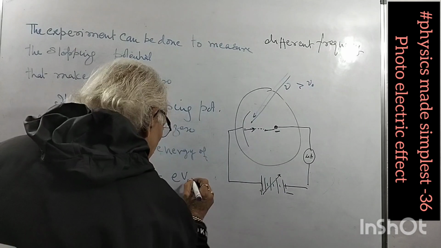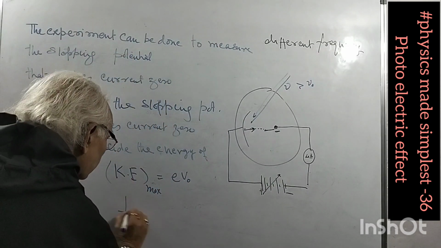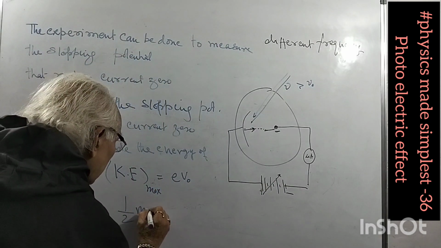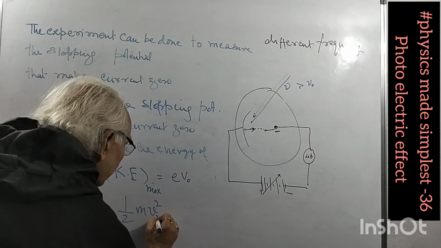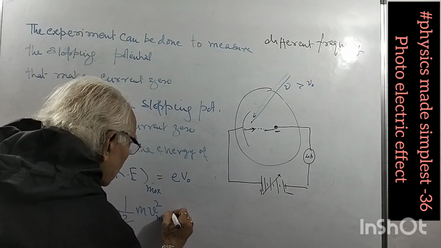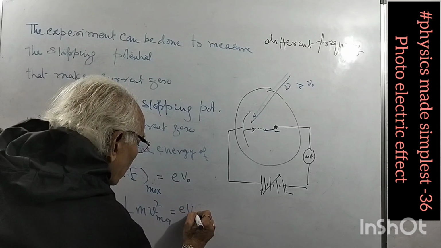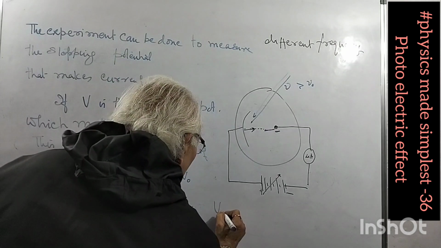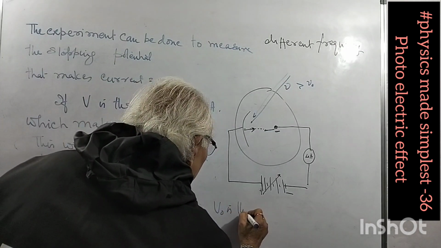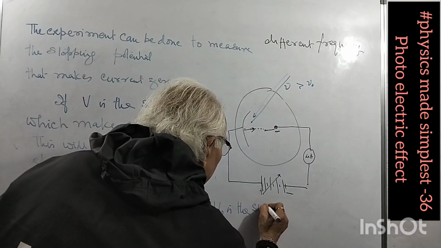That means 1 by 2 m v square, that is maximum, is equal to e V naught. V naught is the stopping potential.